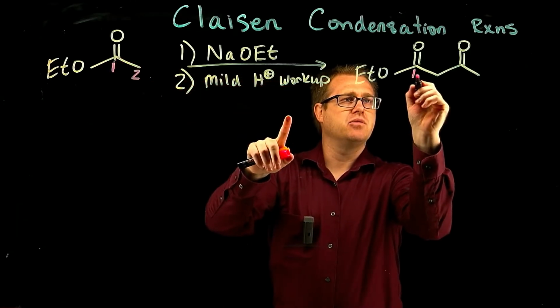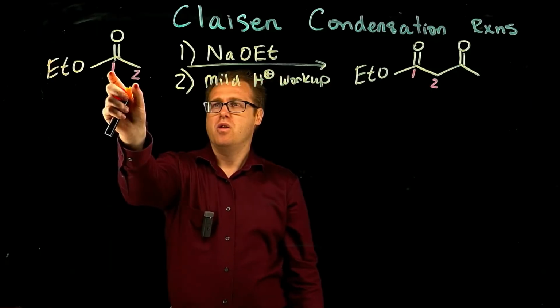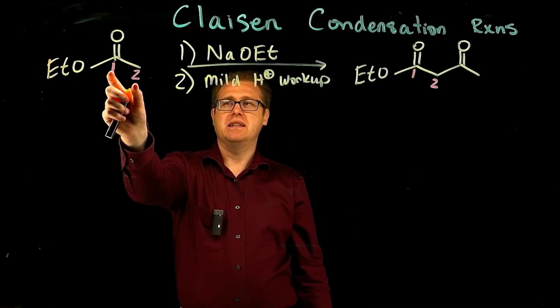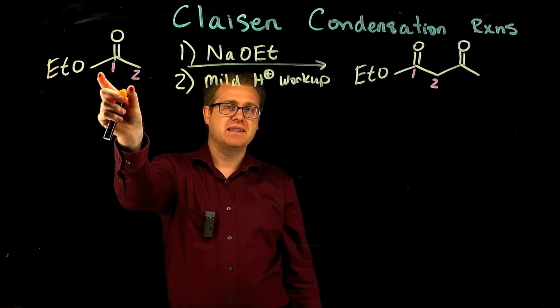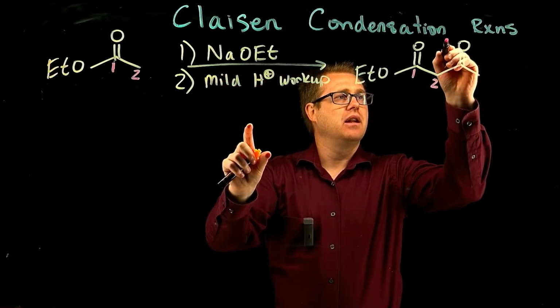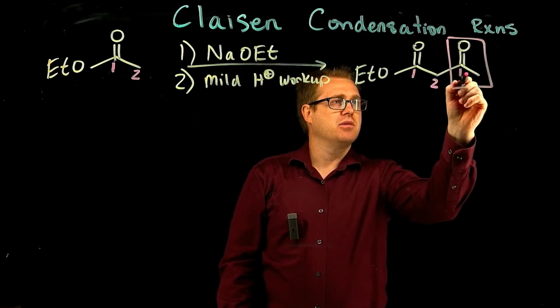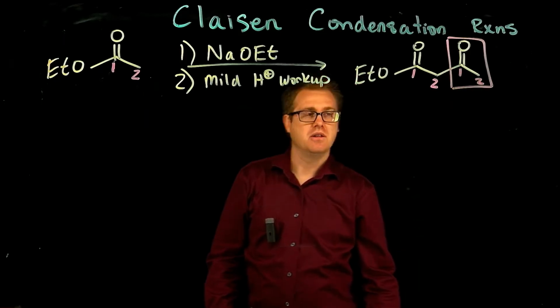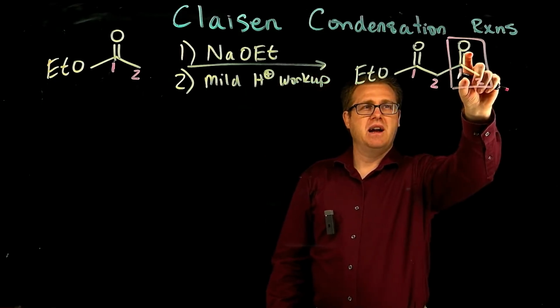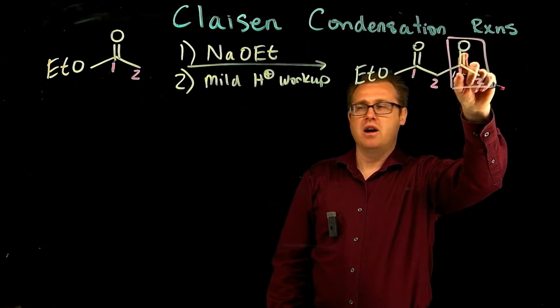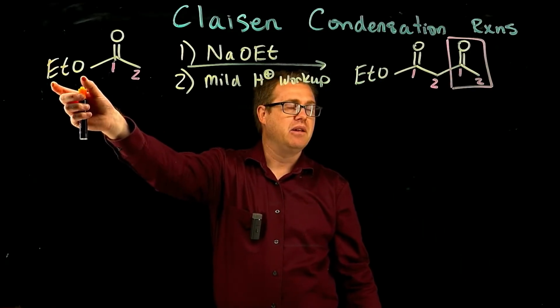So we could say, hey, that's 1, 2. What's going to happen is it's going to react with itself and get us that piece right there. You see, that's carbons 1 and 2. But what does this piece not have anymore with it? It no longer has the OEt with it.